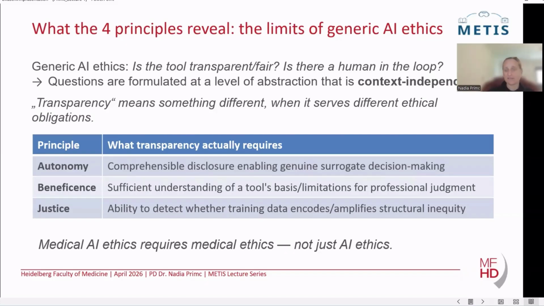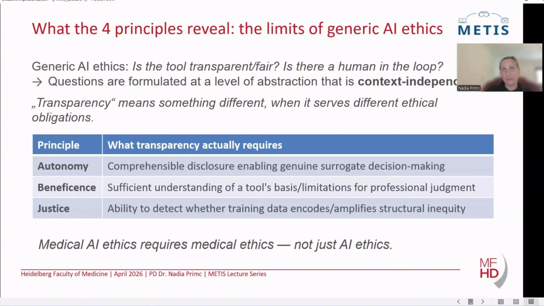different clinical contexts. So they do not ask transparent to whom, in what form, and for what purpose, fair by what standard, for example, social justice or just statistical parity, or human oversight in what role, just a passive monitor or an active moral agent capable of independent professional judgment.